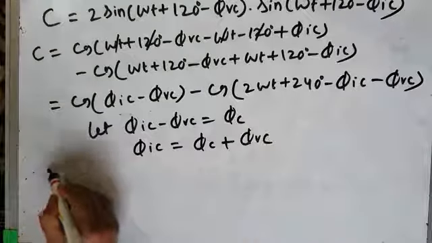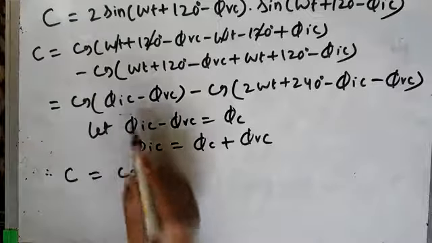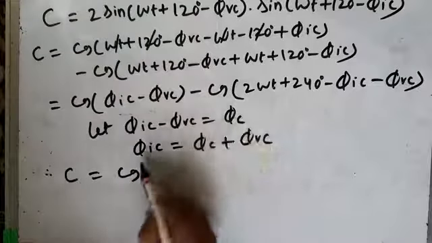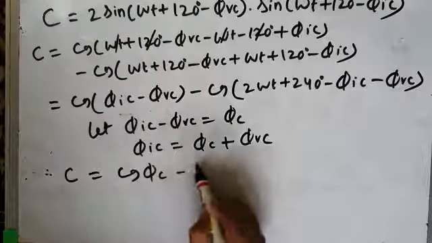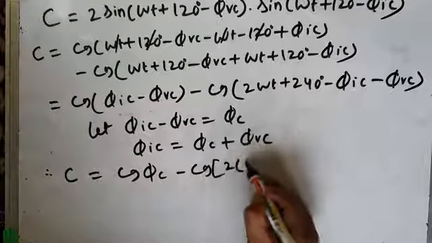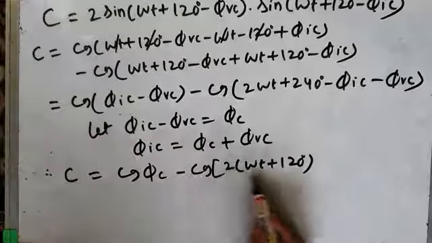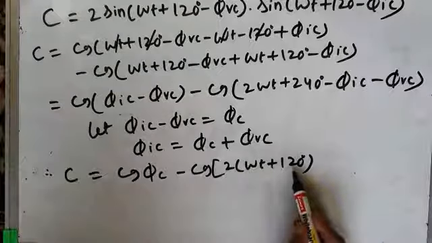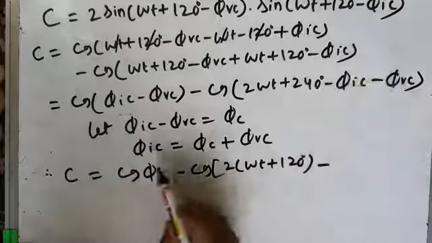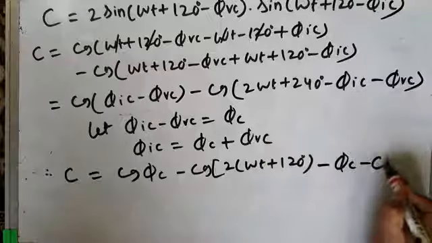So therefore, substituting in this equation, c is equal to cos of, what is phi ic minus phi vc, that is phi c, minus cos of, I will take the 2 common from these two terms, I will get omega t plus 120 degrees, cos of 2 of omega t plus 120 degrees minus phi ic. What is phi ic? That is phi c plus phi vc.